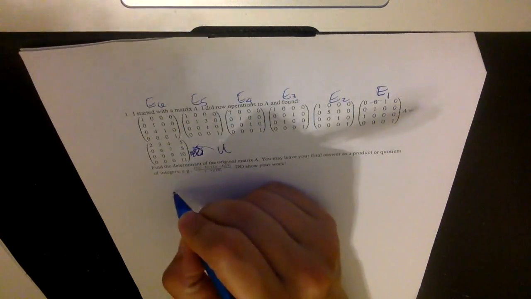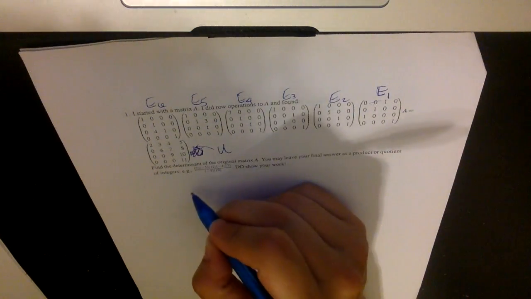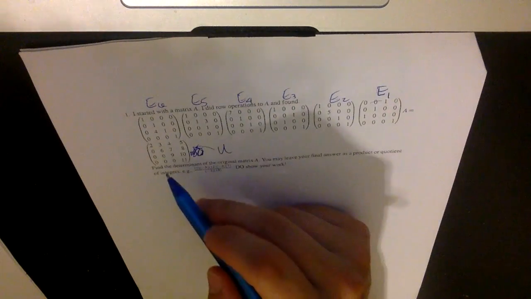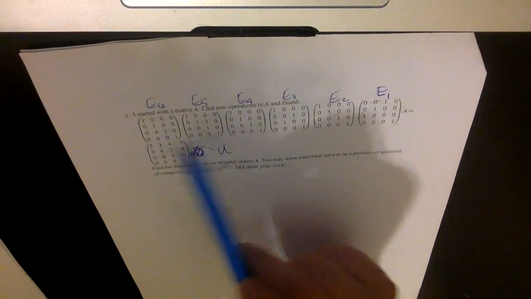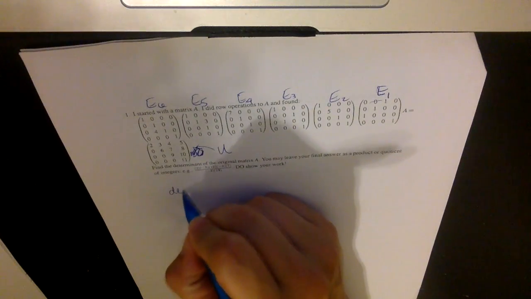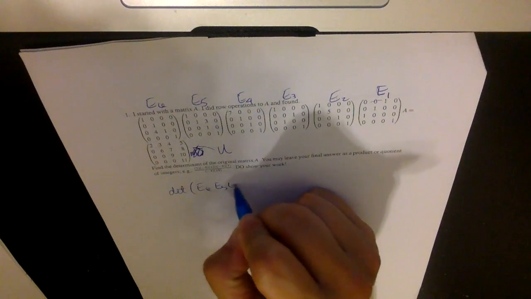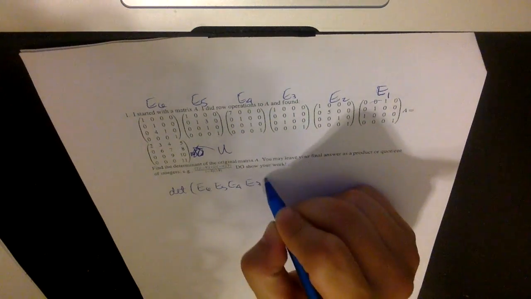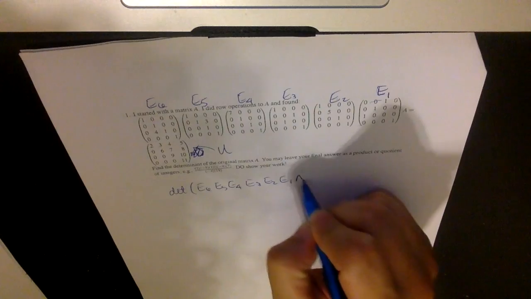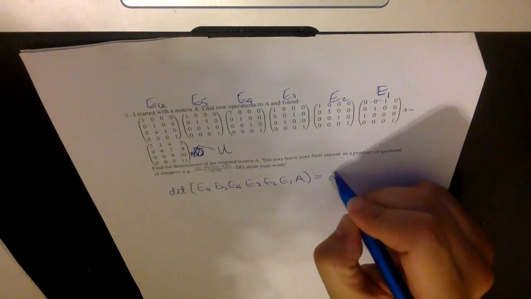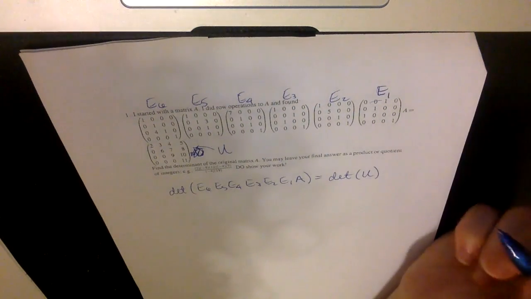Since these two matrices are equal, we get that the determinant of E6 times E5 times E4 times E3 times E2 times E1 times A is equal to the determinant of the upper triangular matrix U.